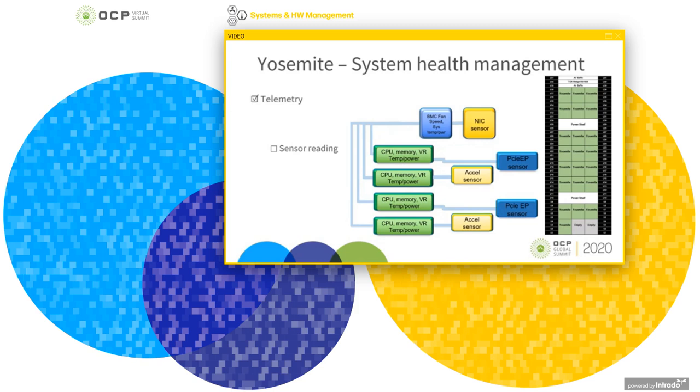Each of these components, the CPU, memory, VR, BMC, NIC, PCIe endpoint devices, and accelerator would have some kind of sensors. So how do we get that sensor reading out of it? Then the thresholds, upper and lower threshold levels, based on the environment that the system is deployed in.